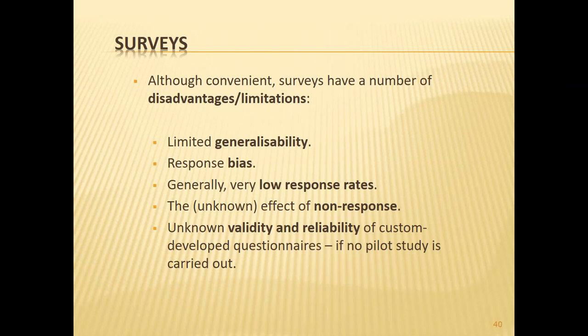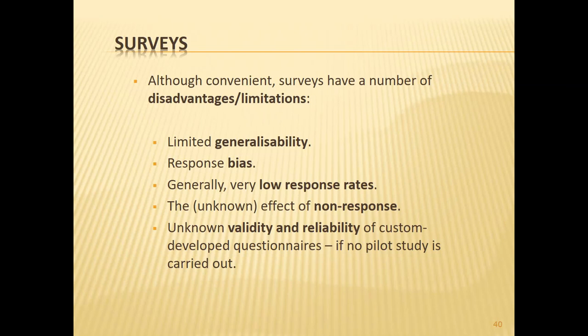The people who don't know a lot about that thing or are not good at that thing might just say, I'm just not going to do this, and they don't respond. But that's a problem, because you're not getting a balanced view. You're getting a biased view from the people who know a lot about that thing, and that can lead you to quite false conclusions about what the whole population thinks. So it's actually really difficult to do a survey that isn't biased, because with response bias, often there's no way of really getting around that.